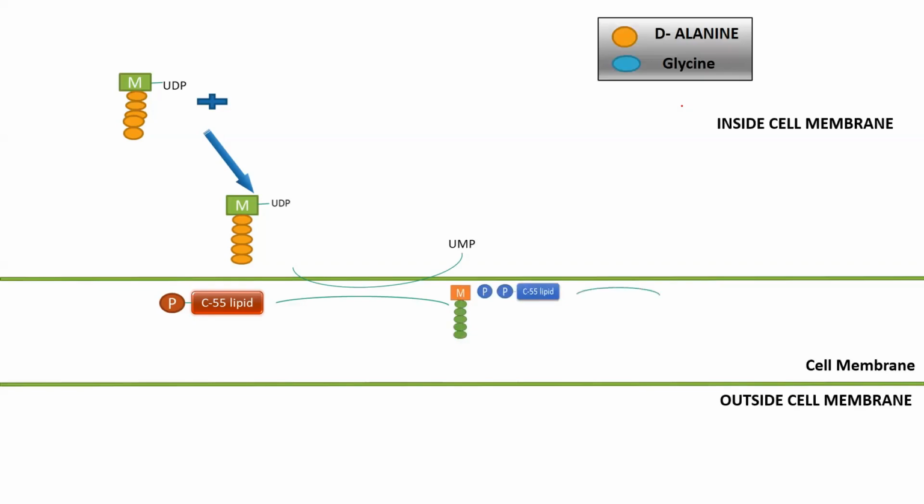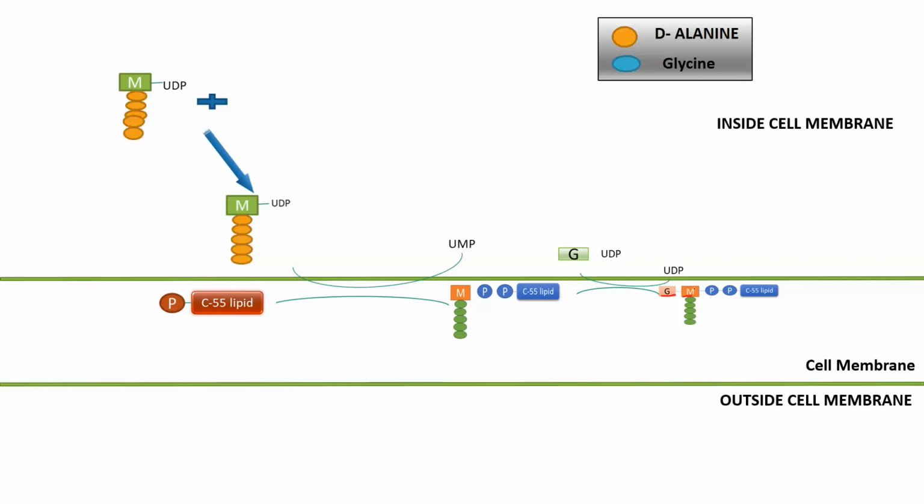Similarly, glucosamine gets attached to the muramic acid pentapeptide, which is attached with the C55 lipid carrier protein. So N-acetylmuramic acid and this glucosamine get attached.